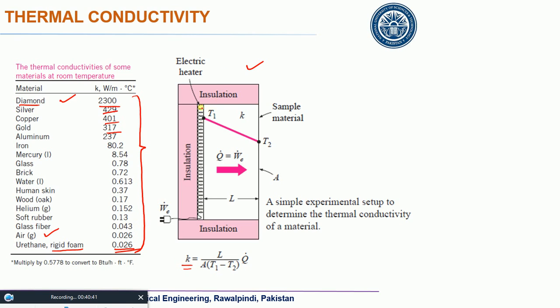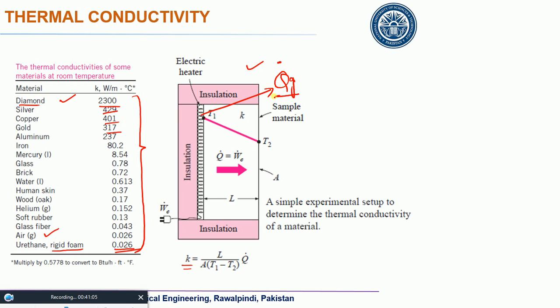If you install a heater in some equipment, this is insulated equipment, on three sides it has been insulated. You keep the heater at a temperature T1, and you know the heat generation capability of this heater, because a heater generates heat, right?